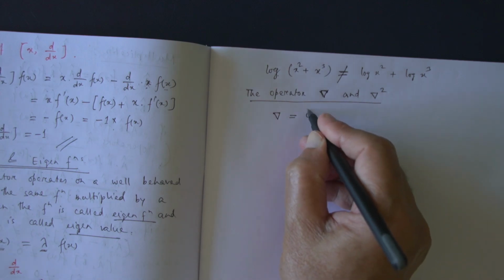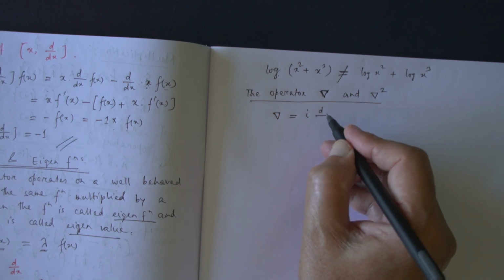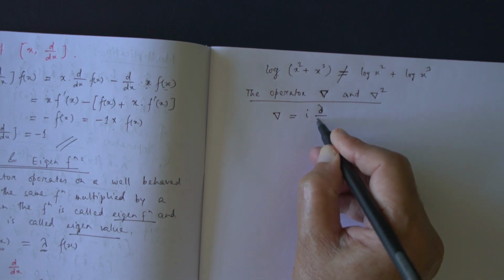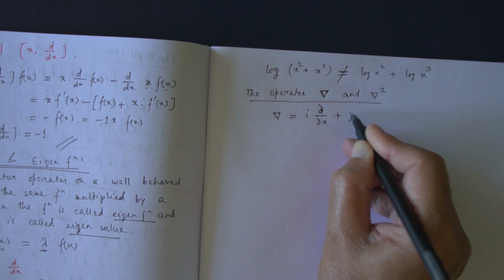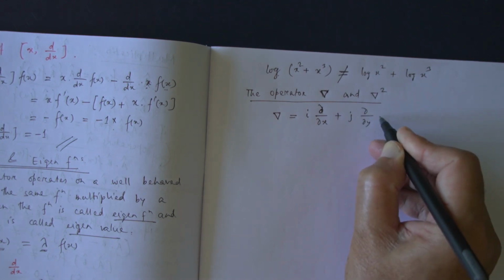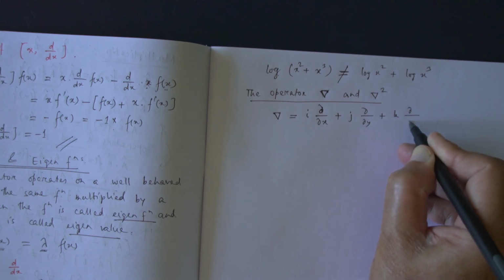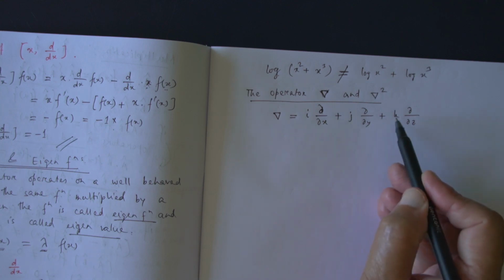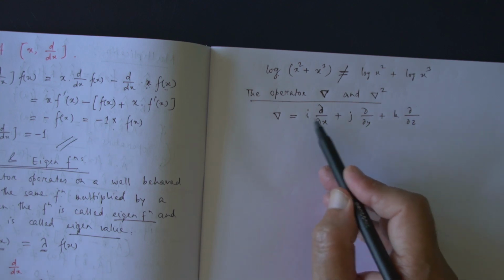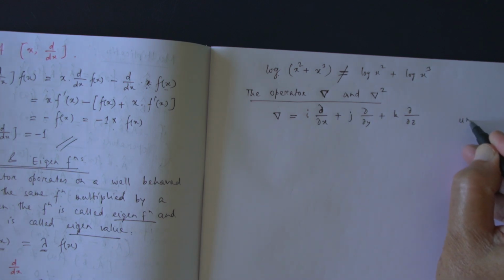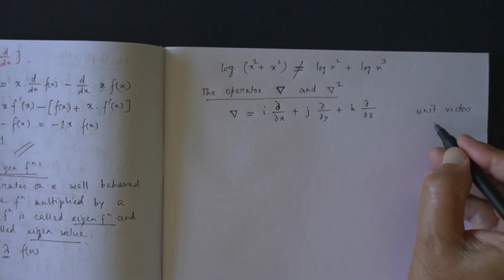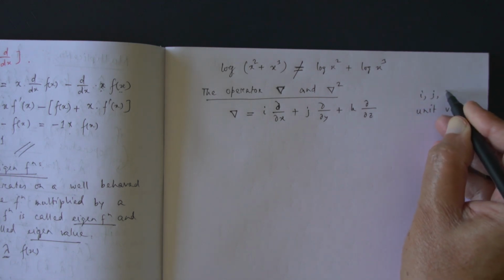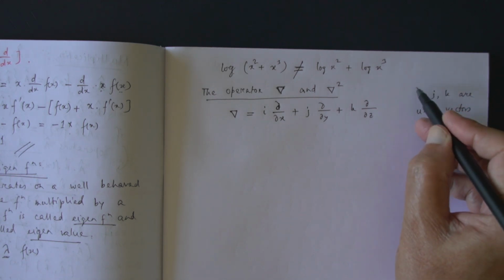This is equal to i ∂/∂x plus j ∂/∂y plus k ∂/∂z. Here i, j, k are unit vectors.